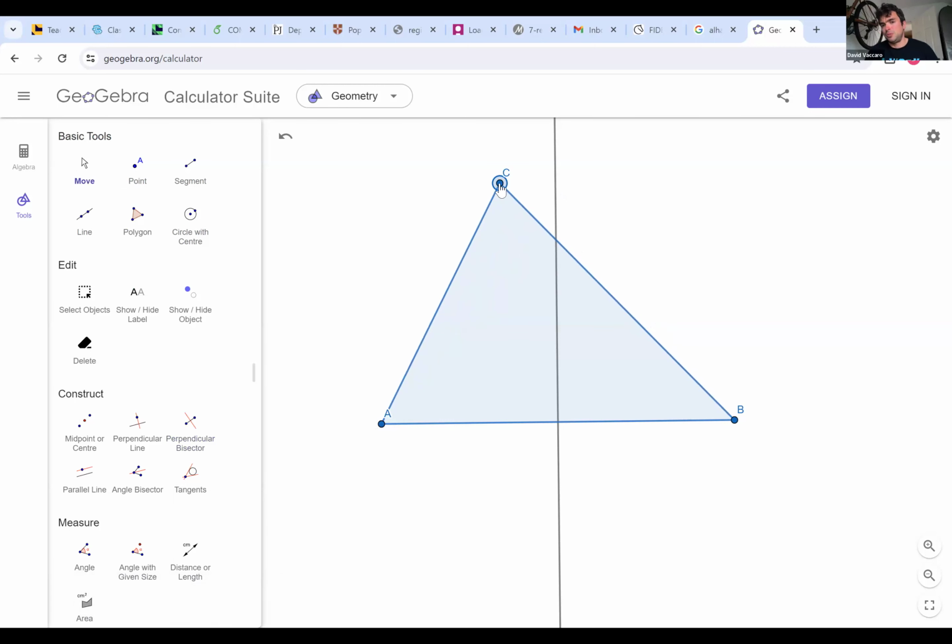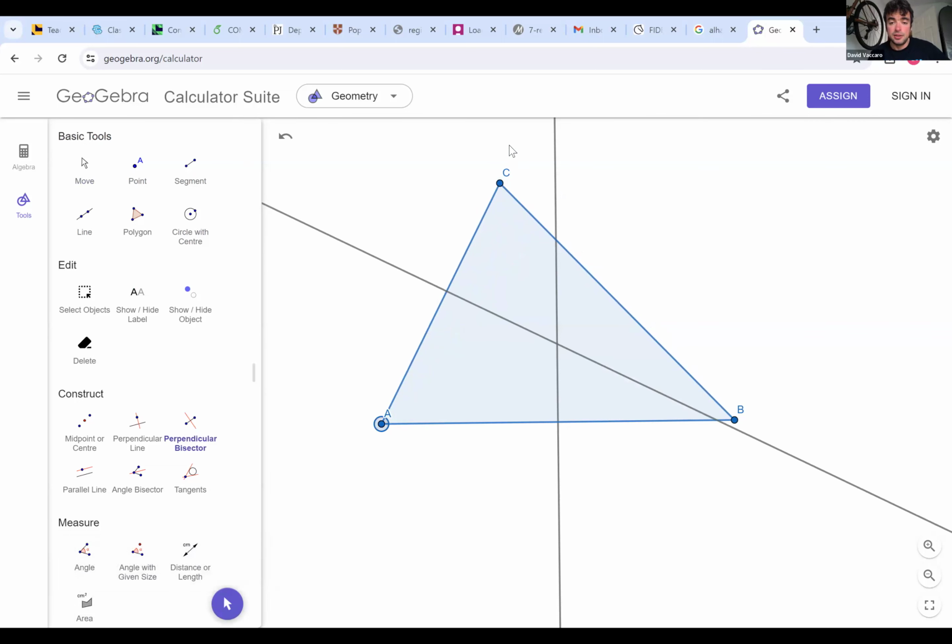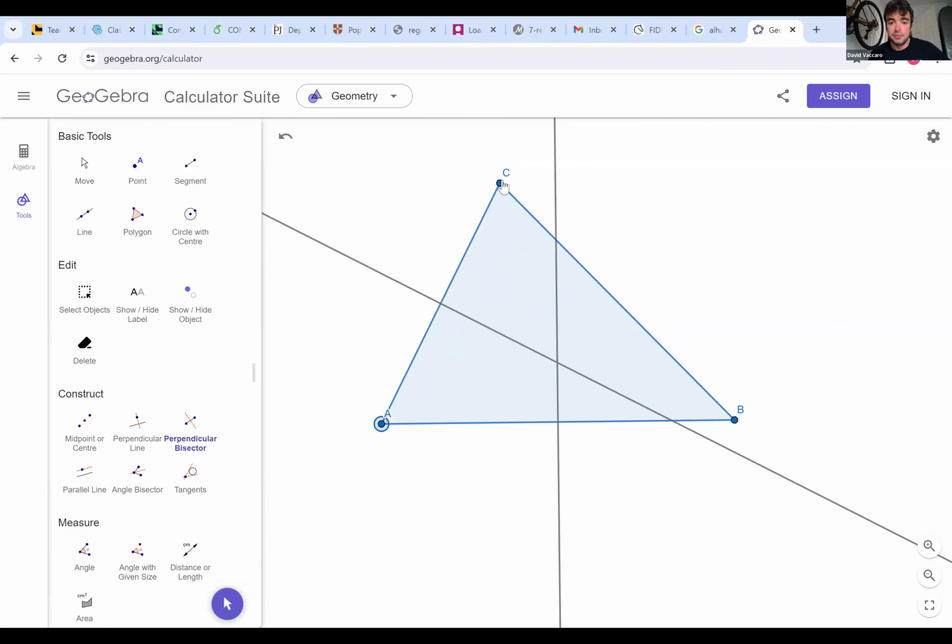It doesn't need to be, it's just because of how I drew the circle. I'm going to draw a second perpendicular bisector of AC. And now I'm going to draw a third perpendicular bisector of BC.